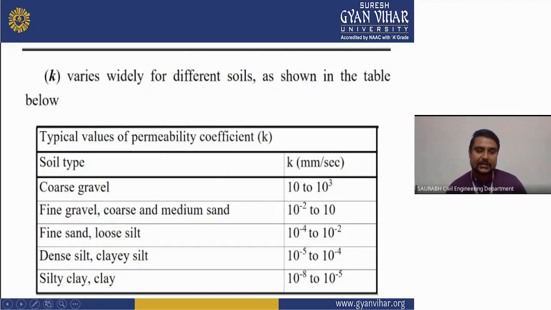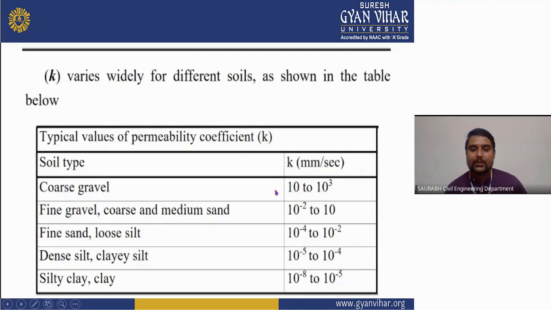You can see here the soil types: coarse gravel, fine gravel, coarse and medium sand, fine sand, loose silt, dense silt, clay silt, silty clay and clay. Here K is given per second.